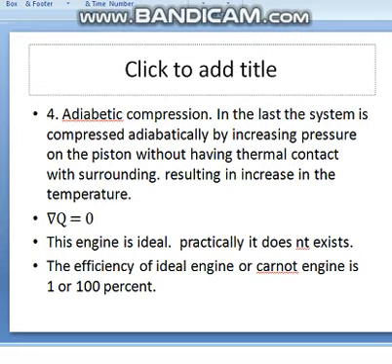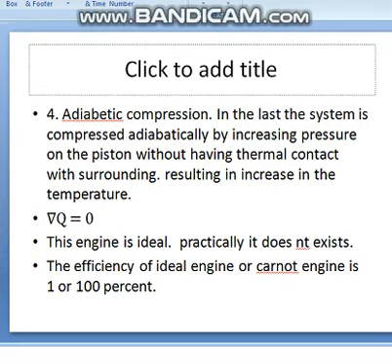It means that the temperature inside the gas chamber will increase. So in adiabatic compression, the system is compressed adiabatically by increasing pressure on the piston without having thermal contact with the surroundings, resulting in an increase in temperature. So delta Q is equal to 0.